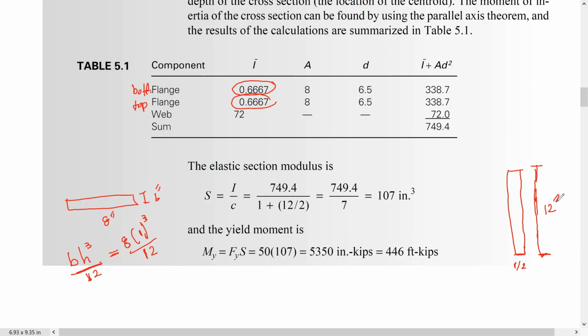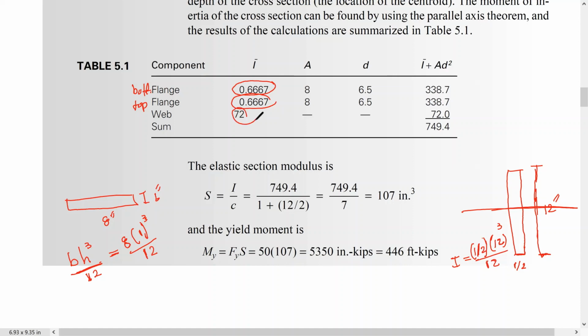So here the moment of inertia about its centroid is going to be equal to 1/2, which is the B, times 12 cubed, dividing by 12, and this one is going to be equal to 72.